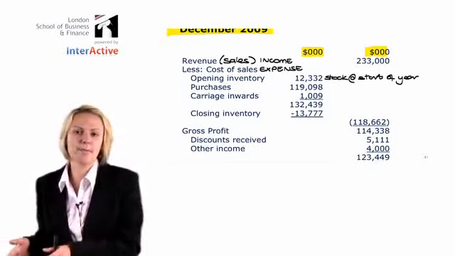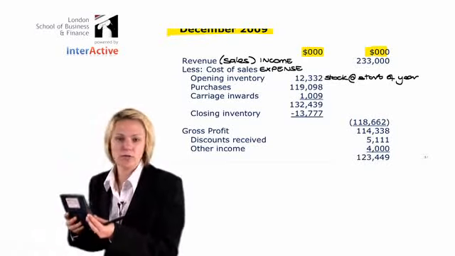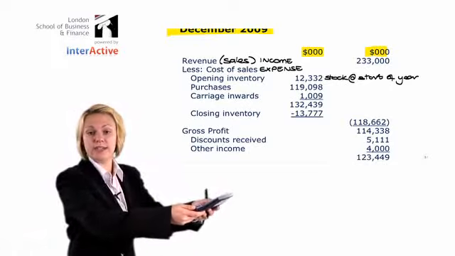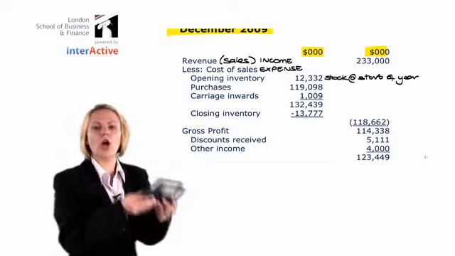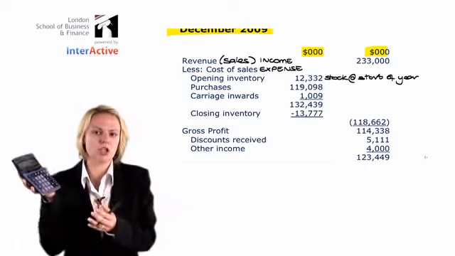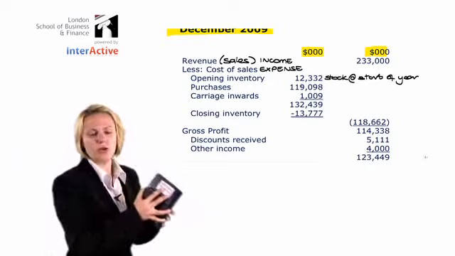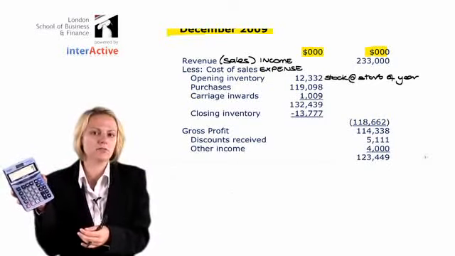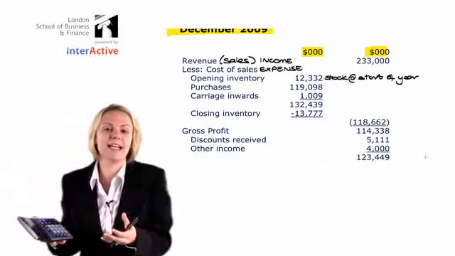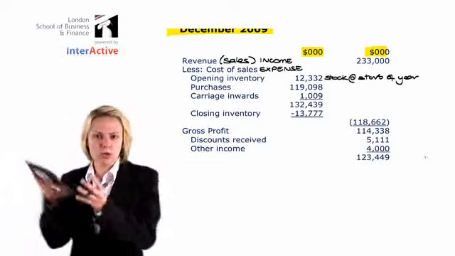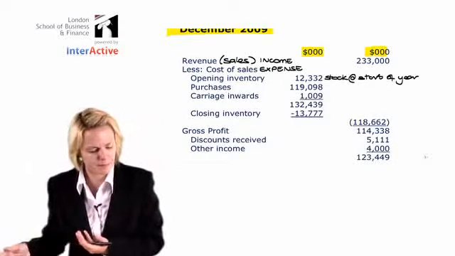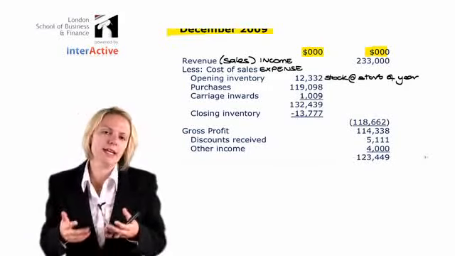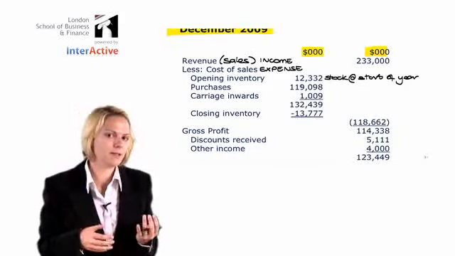Now, if you're a business that buys in calculators from a wholesaler and then you're selling them on because you're the retailer, well, that's fine. Your opening inventory will always be the finished goods, and also your purchases will be the purchases of complete goods from the wholesaler. Okay? So if you're a retailer, let's say, then your purchases will be of complete units. Now, purchases, of course, will be an expense. It's a cost to the business.